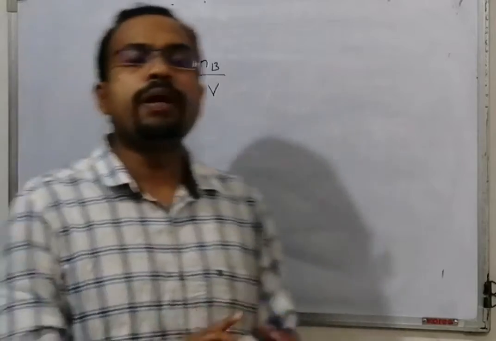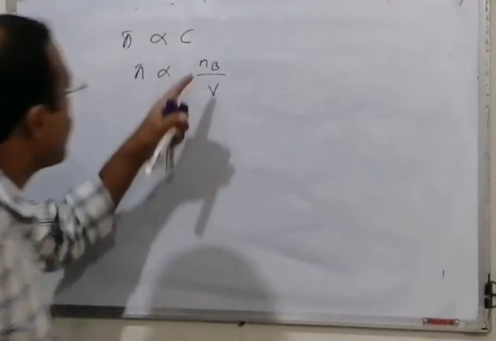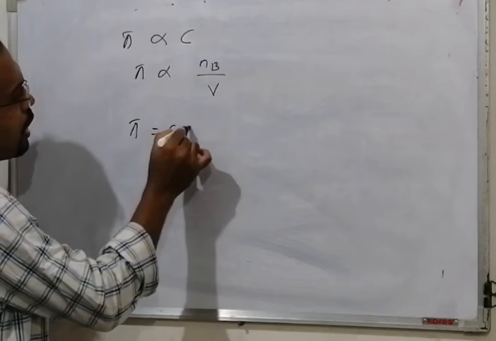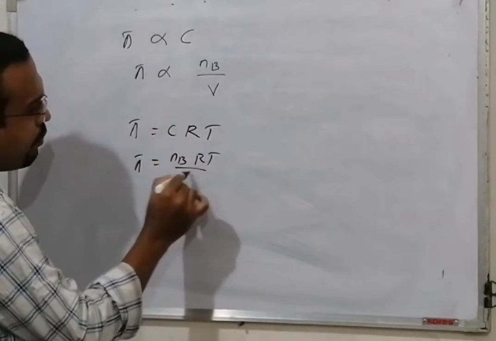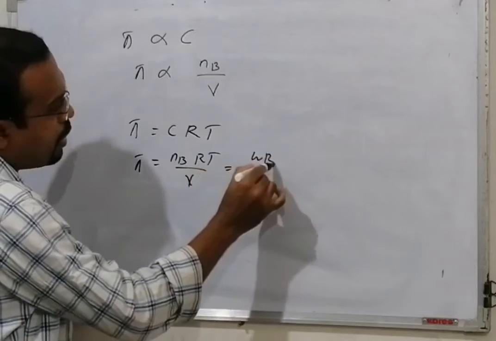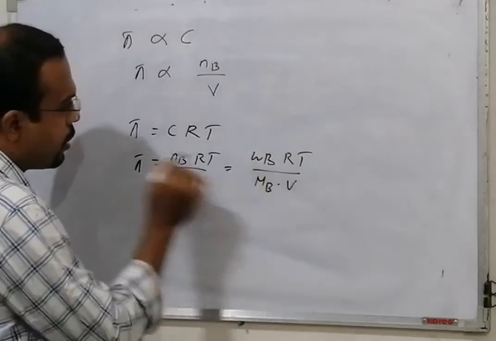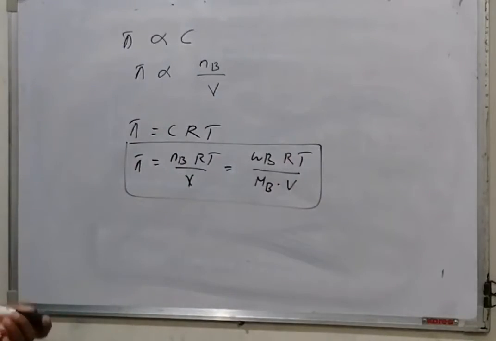Colligative property is a property which depends upon the number of solute particles. Therefore the equation is pi = CRT, or pi = WB RT by V, or WB RT by MB into V, where WB by MB is the number of moles. This is the equation for calculating osmotic pressure.